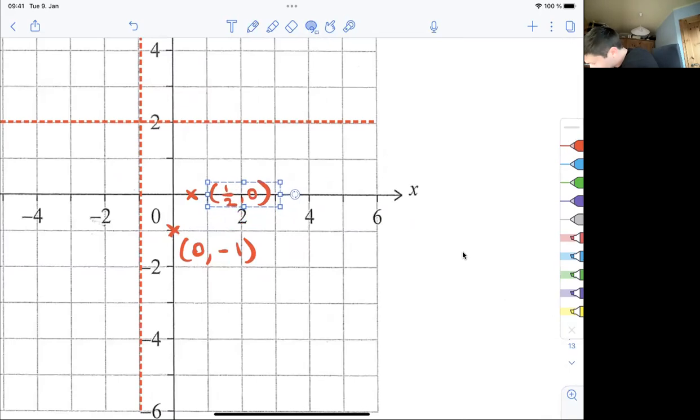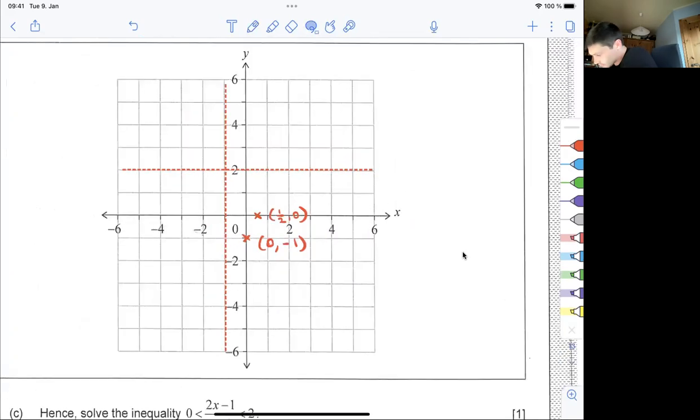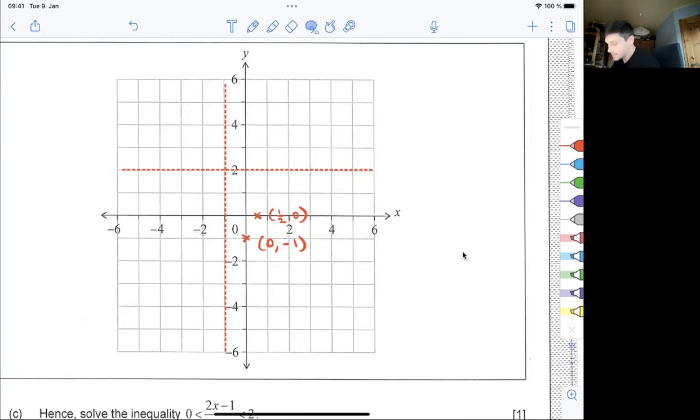Move this guy to there and move this guy slightly over to there. Okay, cool. So there we have now the x-intercept, y-intercept, and also our asymptotes drawn. Let's just mark those. We'll say this is where y is equal to 2, and this is where x is equal to negative 1, for our vertical asymptote.